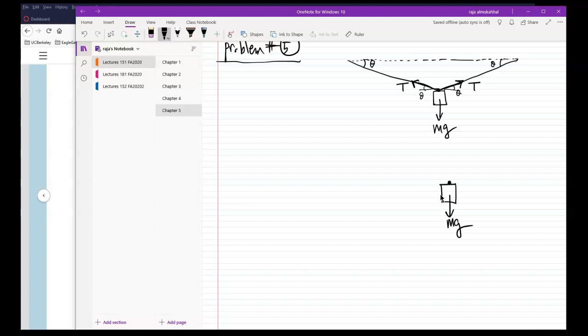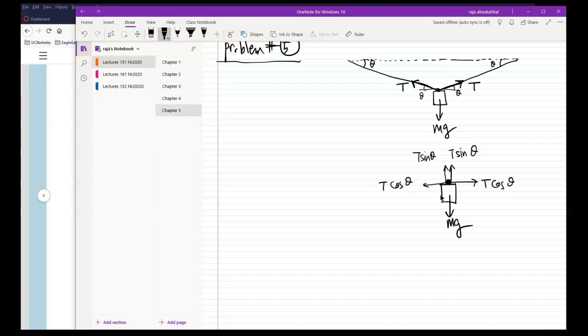So now I'm going to resolve. So it's going to be T cosine theta, T sine theta, and then for the next one, I'll make it a big dot. Then I have also T sine theta, and then this one is T cosine theta. You can pause the video and think about what I've done, and I hope this is clear for you.